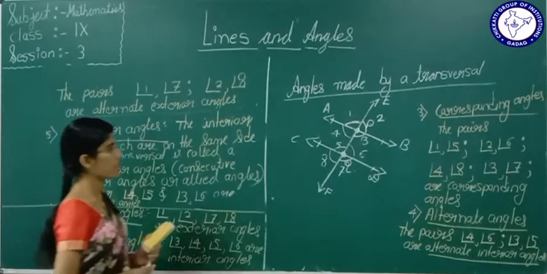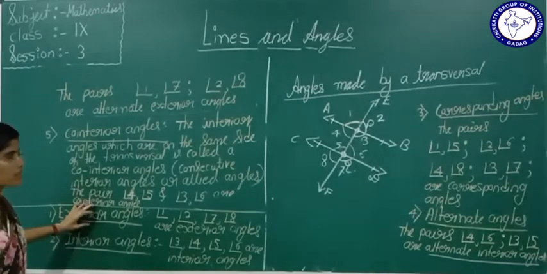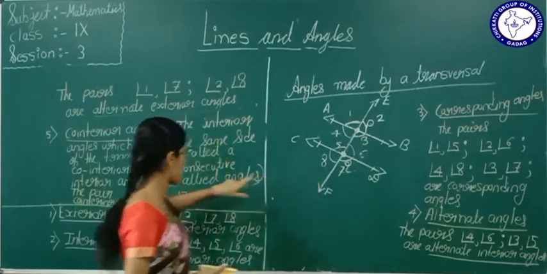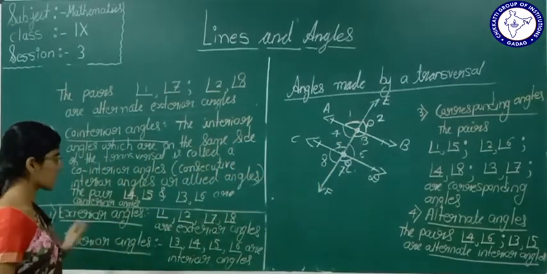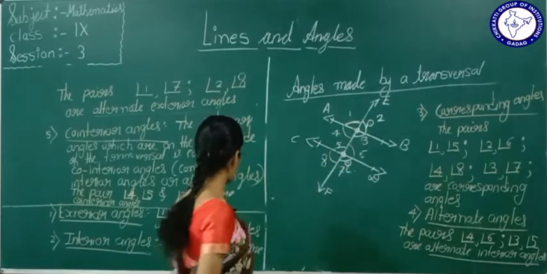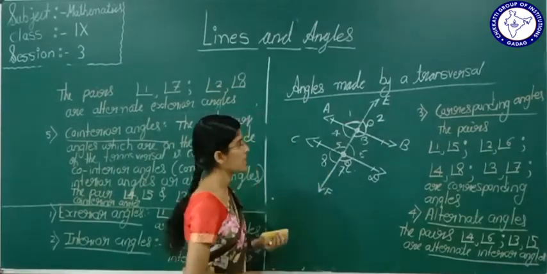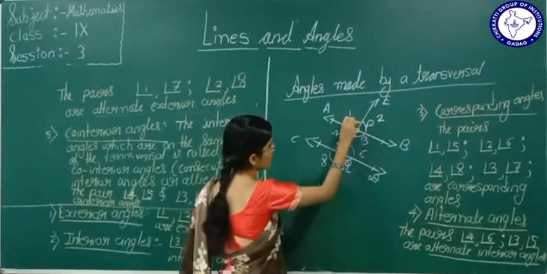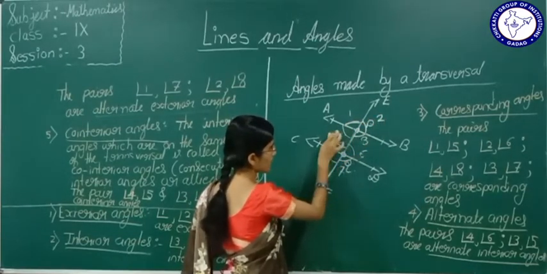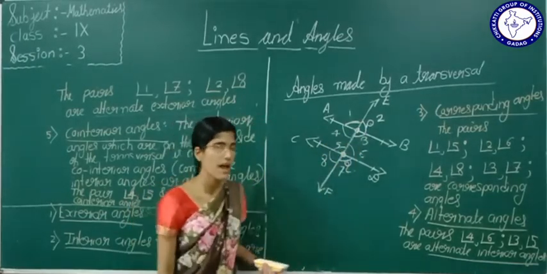Now see, students, we have started from exterior angles, right? Here which are the exterior angles? Angle 1, angle 2, angle 7, angle 8 are called exterior angles. Which are the interior angles? Angle 3, angle 4, angle 5, angle 6 are called interior angles. Next is corresponding angles. Which are the corresponding angles here? Angle 1, angle 5, angle 2, angle 6, angle 4, angle 8, angle 3, angle 7 are corresponding angles.